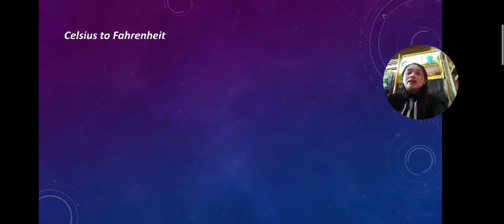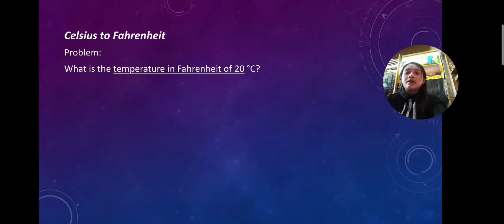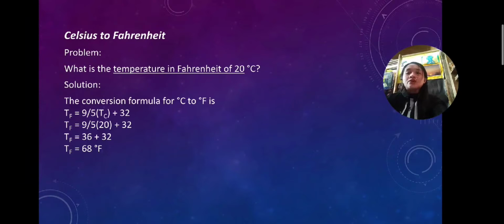Another one, Celsius to Fahrenheit. We have the problem: what is the temperature in Fahrenheit of 20 degrees Celsius? The solution: the conversion formula of degrees Celsius to Fahrenheit is temperature F equals 9/5 (TC plus 32).